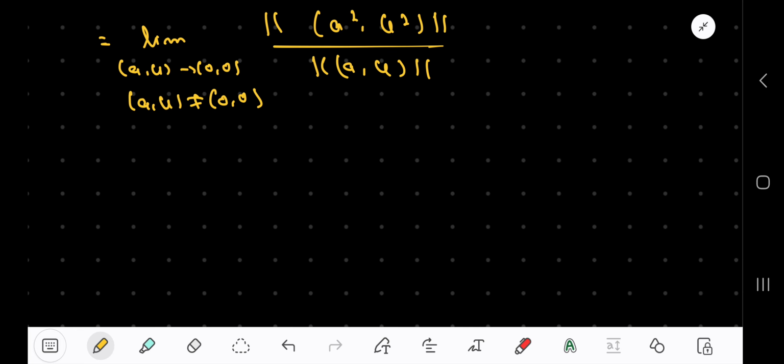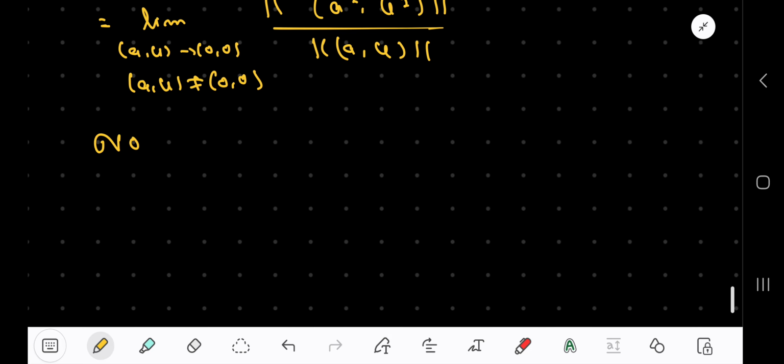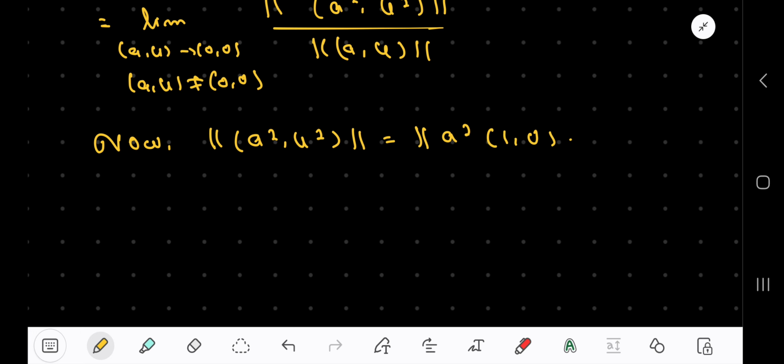Right? Yeah. So now something you can immediately observe is that the norm of (a squared, b squared) is equal to the norm of a squared times (1,0) plus b squared times (0,1). So this is not exactly equal to, but less than or equal to a squared plus b squared, by the triangle inequality, because the norm of (1,0) is 1 and the norm of (0,1) is also 1.